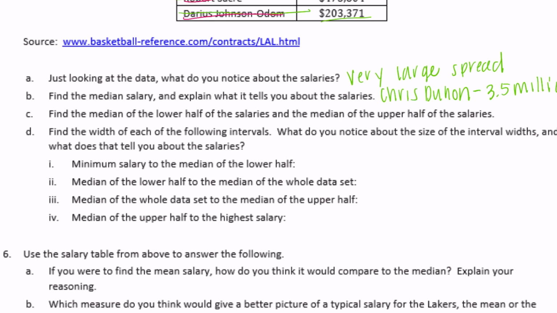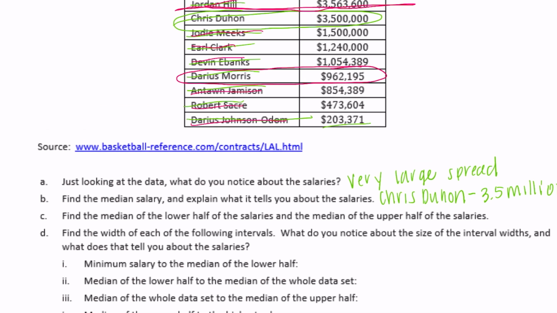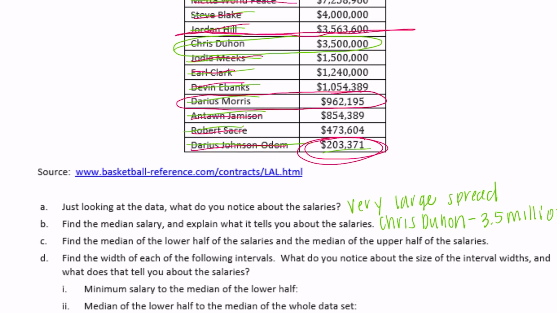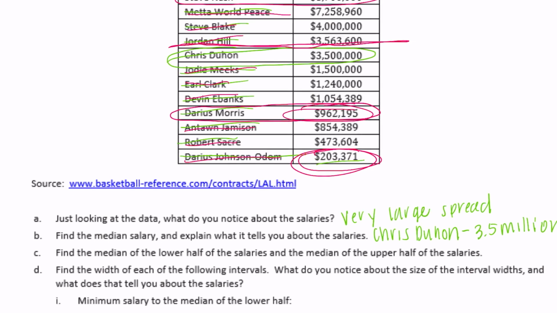D, find the width of each of the following intervals. What do you notice about the size of the interval width, and what does it tell you about the salaries? So the minimum salary to the median of the lower half. So the minimum salary here to the median of the lower half here. It wants to know the width, so I guess we'll subtract them.